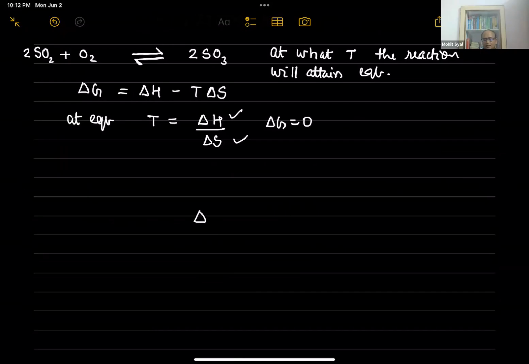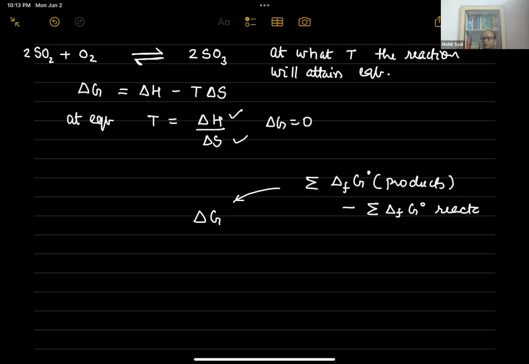So delta G for the reaction, how can you calculate it? You can calculate it from the sum of the standard Gibbs free energy change for the products, minus the sum of the standard Gibbs free energy change for the reactants. This is one way.